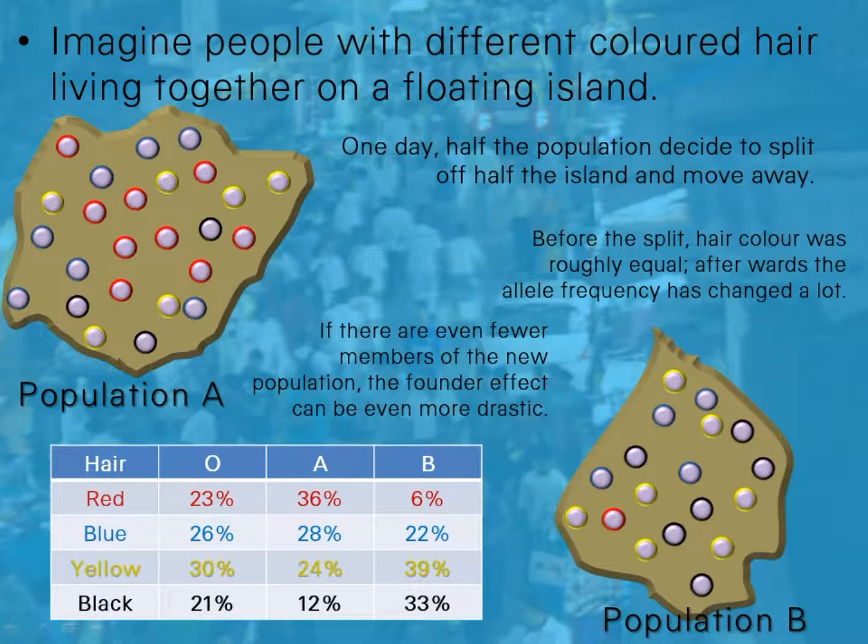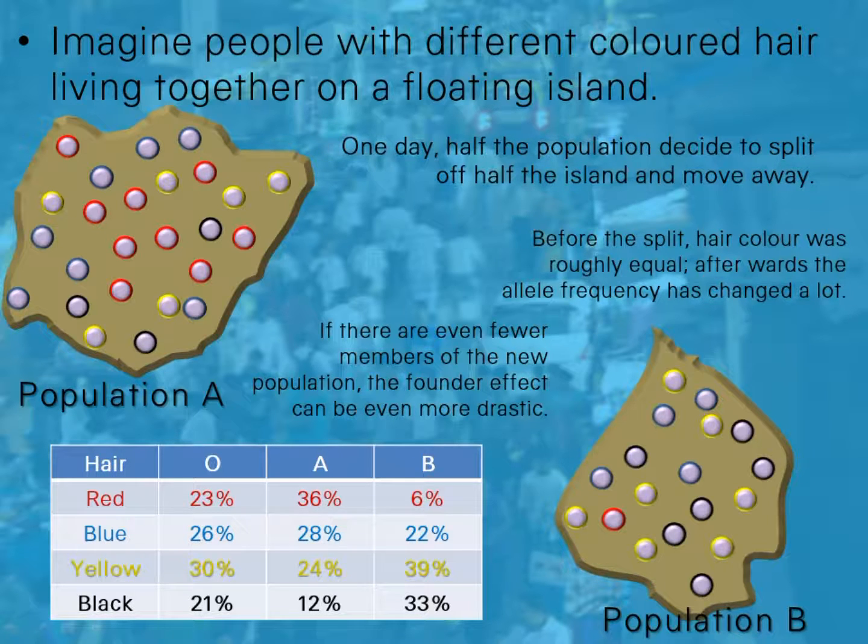And so, as these new populations continue to change, any new changes that are seen will be based on these new population percentages, because of course the individuals from the other population are no longer part of the gene pool. And if there are even fewer members of the new population, the founder effect can be even more drastic.